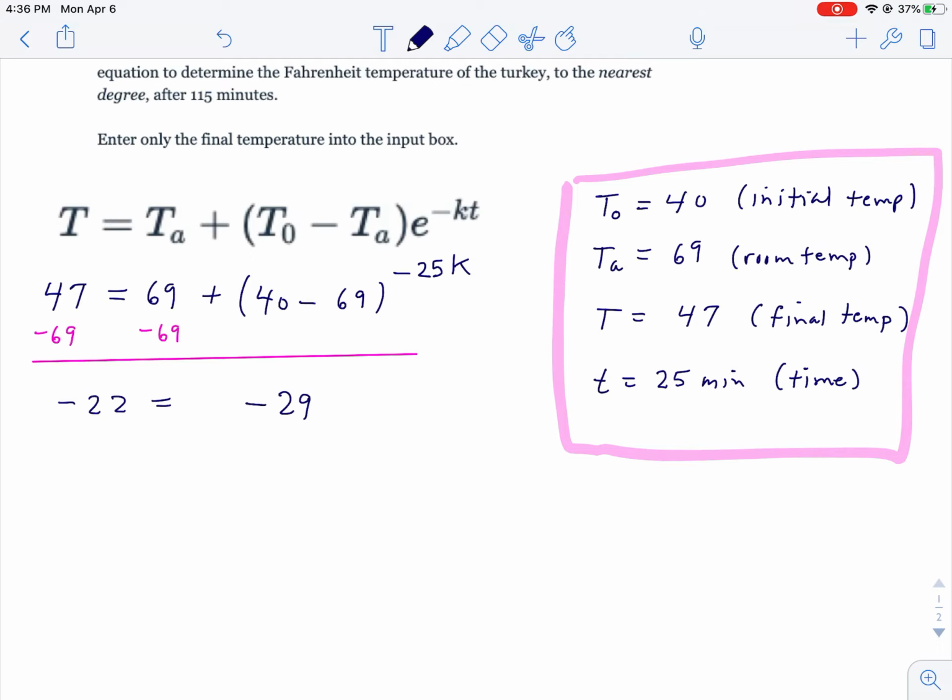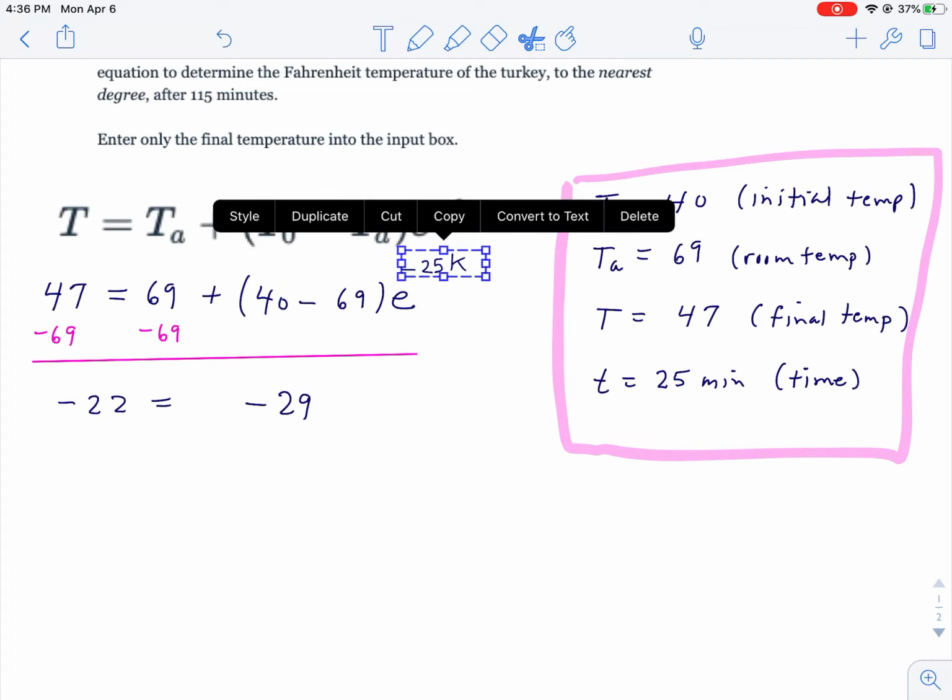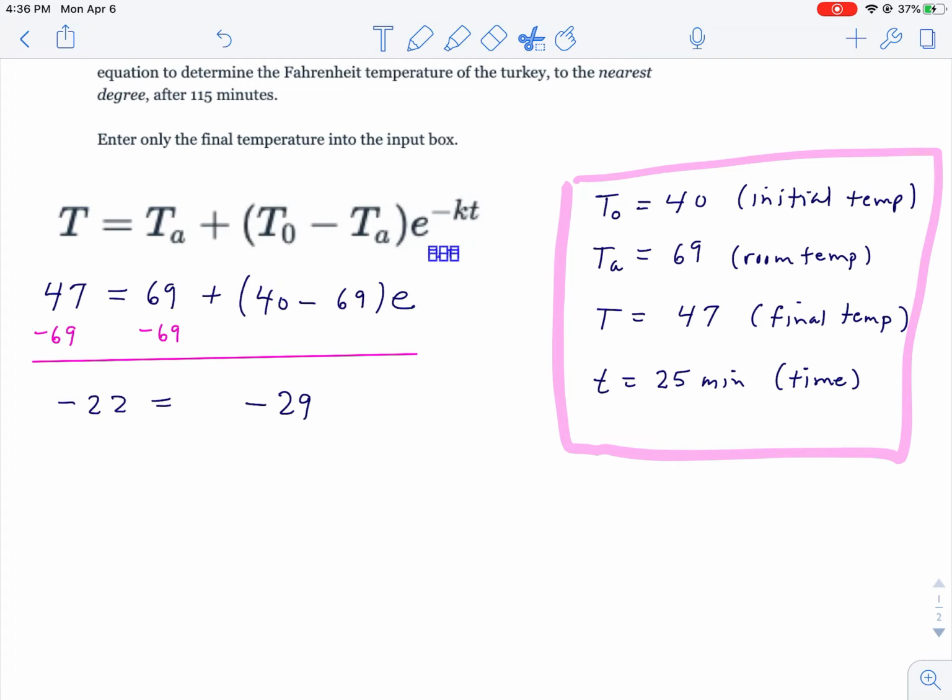And you know what? I omitted the e. That's the whole key to this, is having that e there. So let me try to make this look a little bit better. So 40 minus 69 is negative 29, and I have e to the negative 25k.